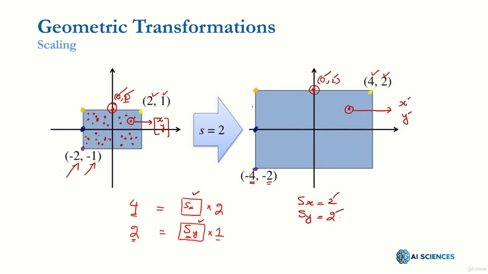Then the relationship between x, y and x dash, y dash can be written in the following two equations. x dash is equal to Sx times x, and y dash is equal to Sy times y. And in this particular example, both Sx and Sy are 2 and 2.